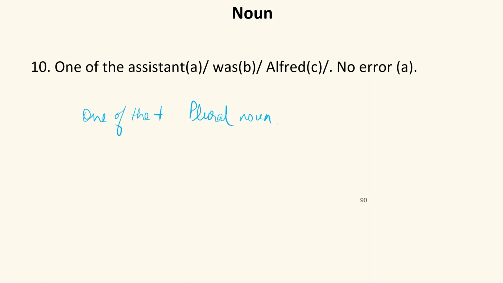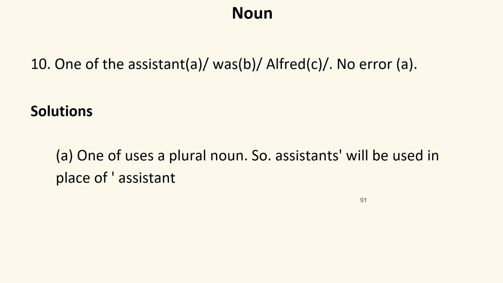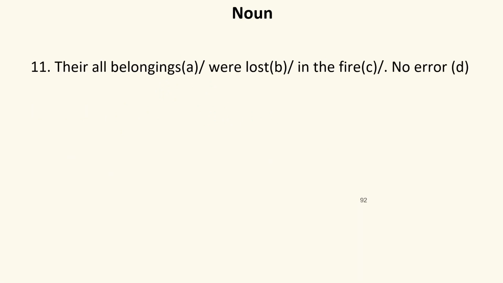So one of the students in the class represents the entire number of students, so we can select one from them. But if I say one from one, it is not correct. If the assistant is only one, how can we select one from it? So it should be one of the assistants. So here A part contains the error. One of the assistants will be correct.